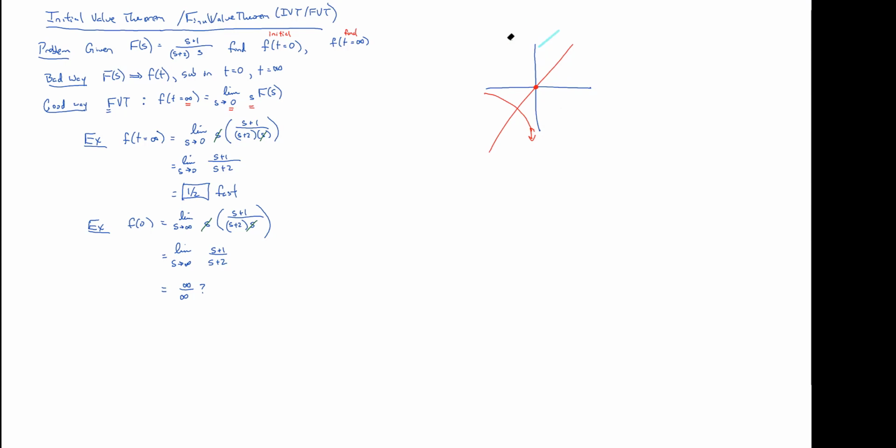Similarly, for problems where you end up with infinity over infinity, rather than L'Hopital's rule, just divide by s. So we're going to divide the top by s, and we get 1 over s.